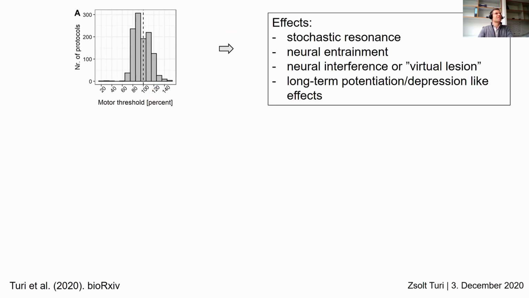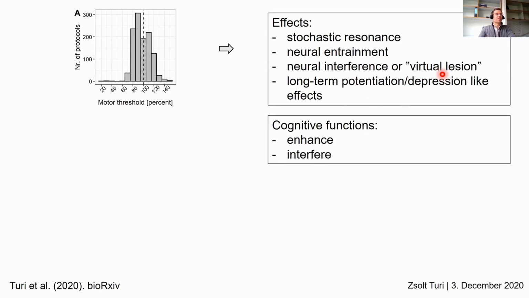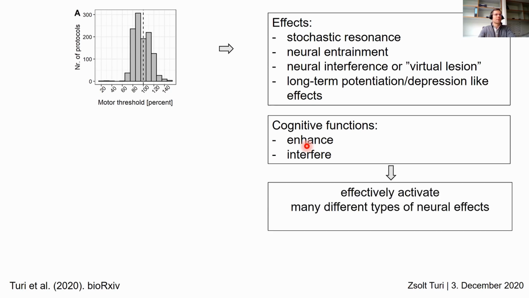What we can see here is that most of these studies use the same intensity range to induce many different neuronal effects, starting from stochastic resonance to neuronal entrainment, neuronal interference or virtual lesion, long-term potentiation or long-term depression-like effects. And if you check cognitive studies, they use the same intensity range in order to enhance, or the opposite, in order to interfere with brain functions.